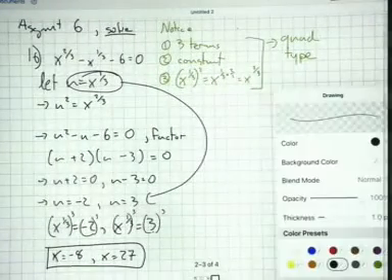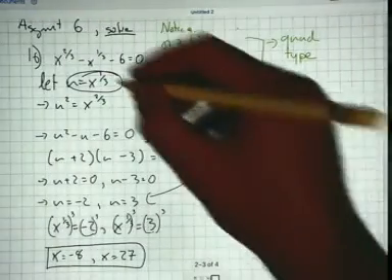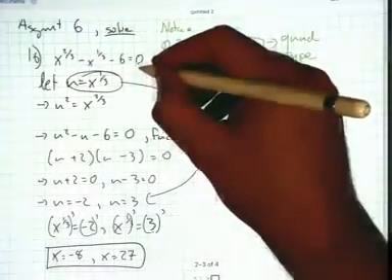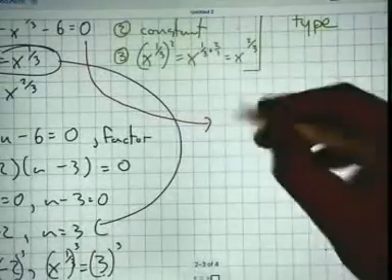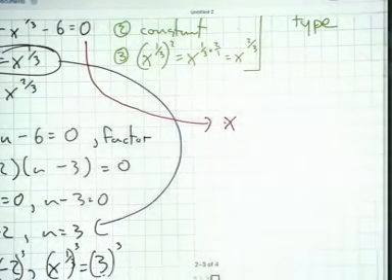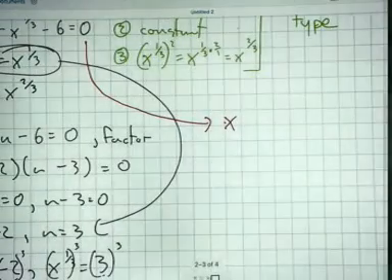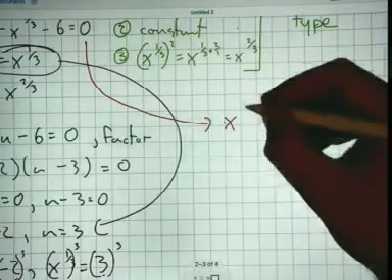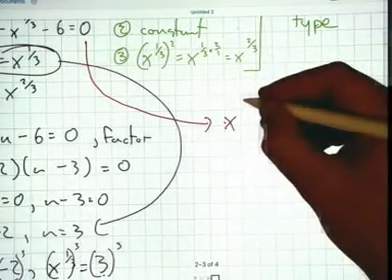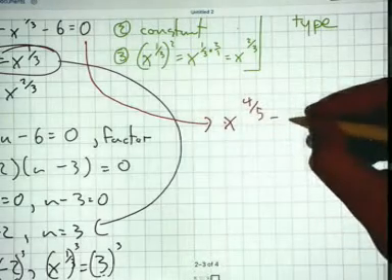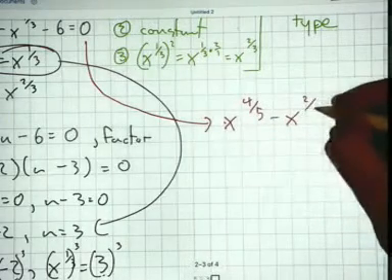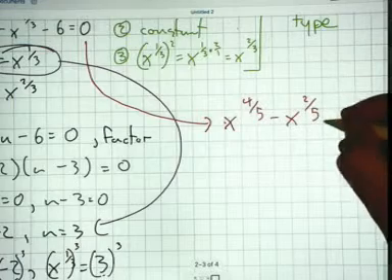So, again, I just want to take this opportunity to express how many different ways we could use this. What if I had x to the 4/5 minus x to the 2/5 minus 6?